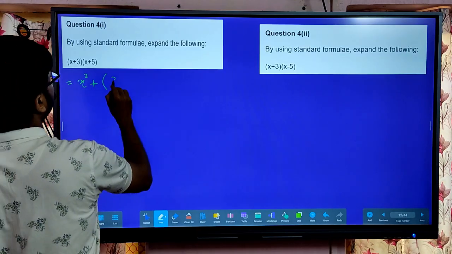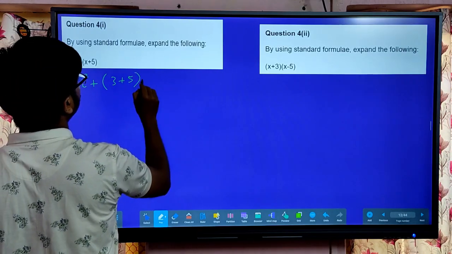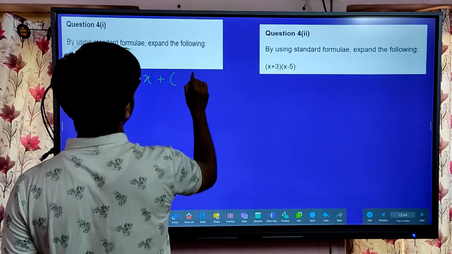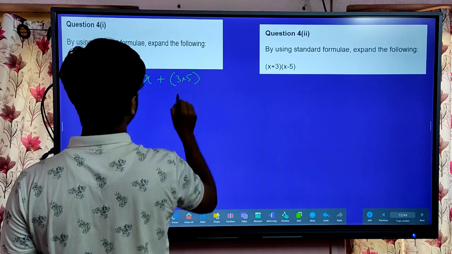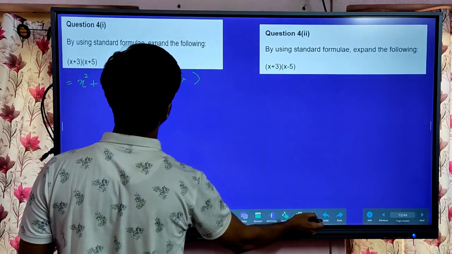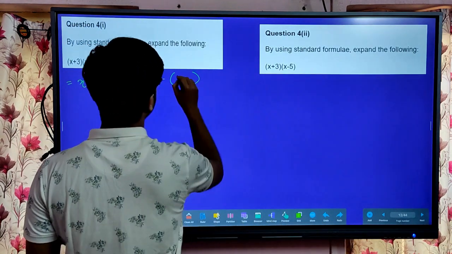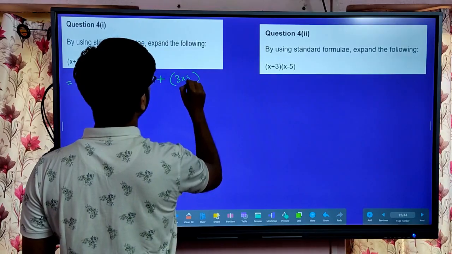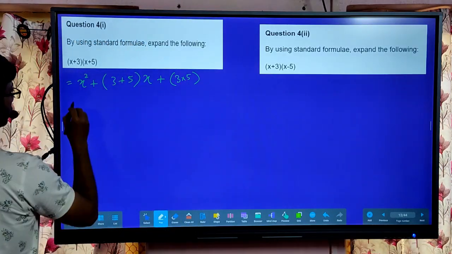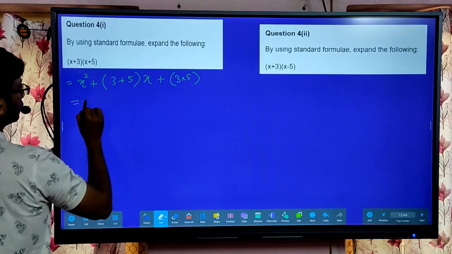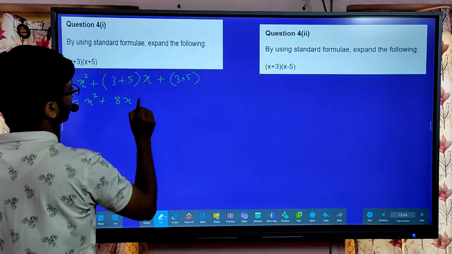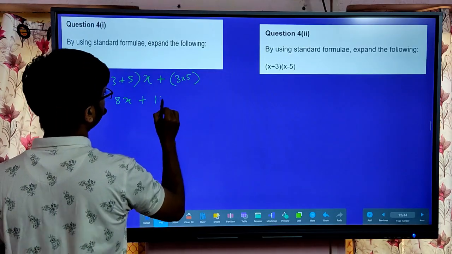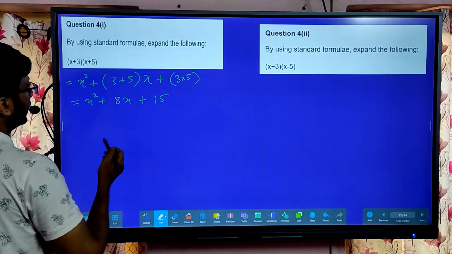Then it will be 3 plus 5 x, then 3 into 5. The coefficient of x square is always 1. So it is x square plus 3 plus 5 is 8x plus 3 fives are 15. So this is the answer.